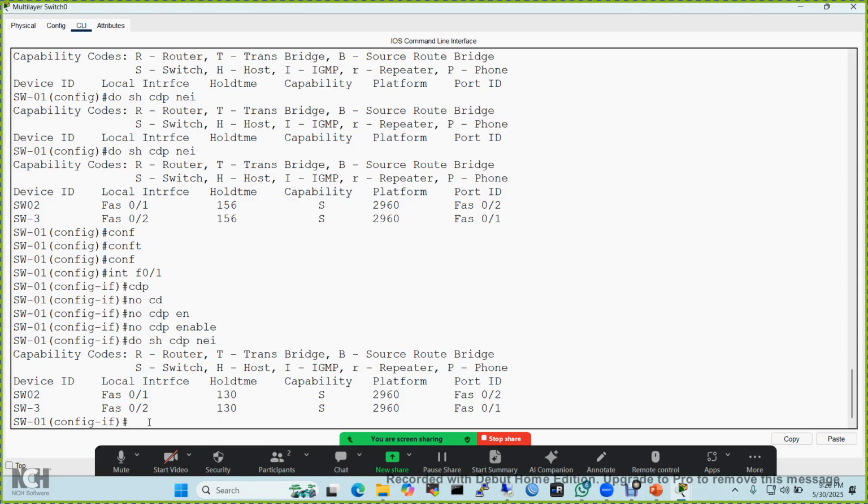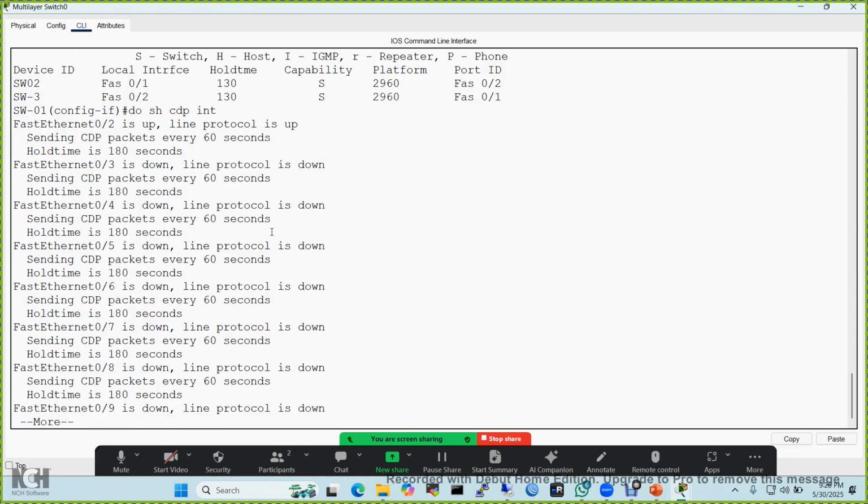In the meantime, I am checking another command for CDP: do show CDP interfaces. Here, interface 0/2 is sending CDP packets.